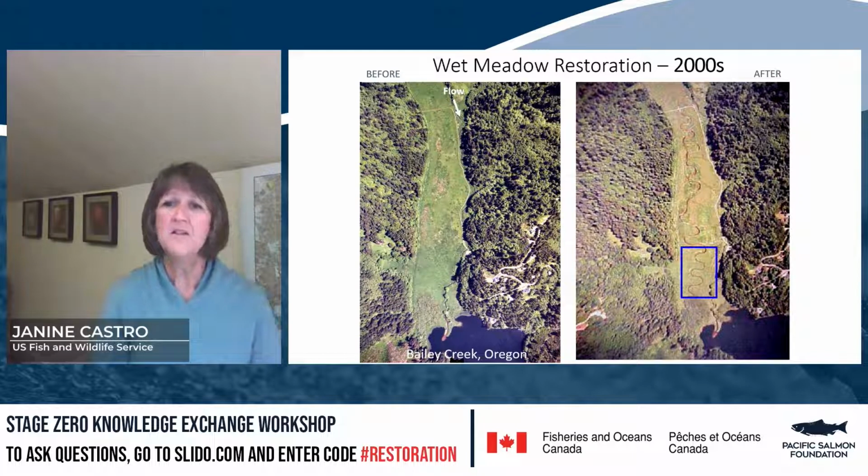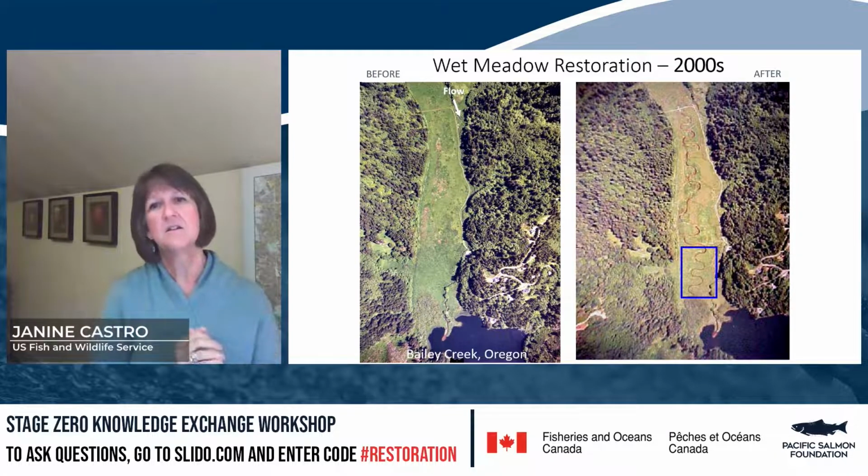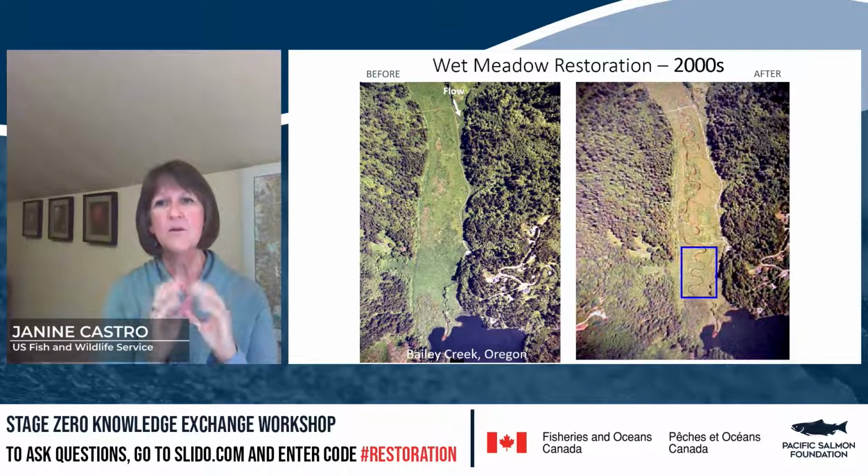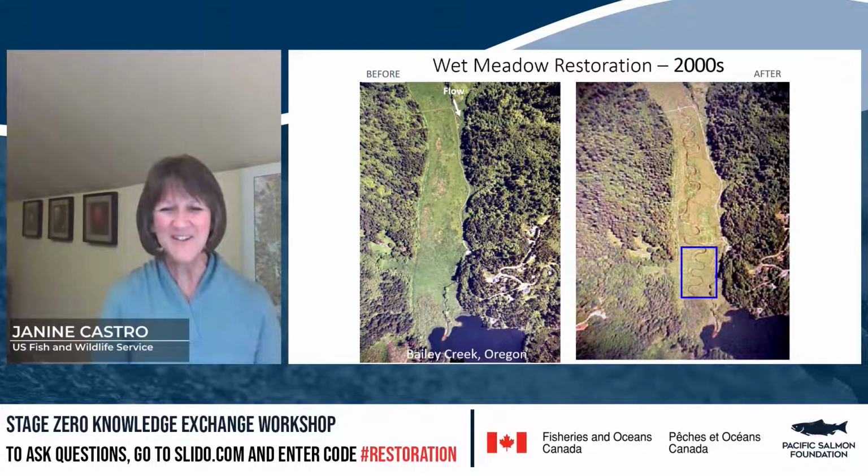So on Bailey Creek, I really have to acknowledge the Forest Service for trying out new things, being willing to just experiment. So in this small reach on Bailey Creek, they undersized the channel and they made it smaller. And I remember having all these discussions about, well, how much do we undersize it?